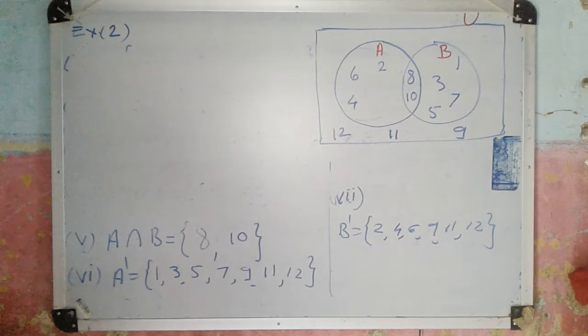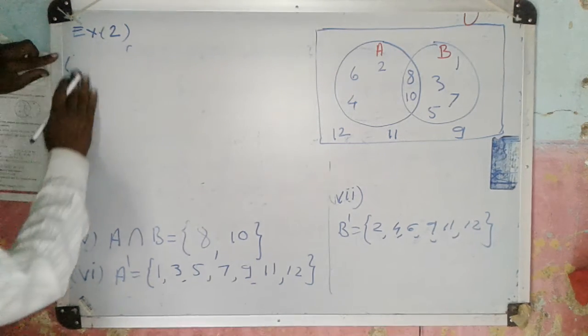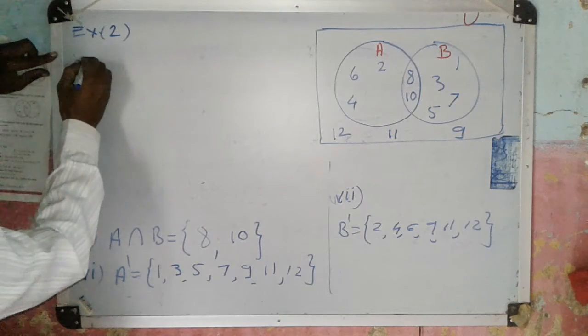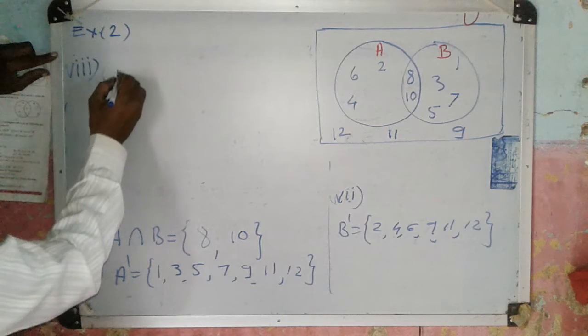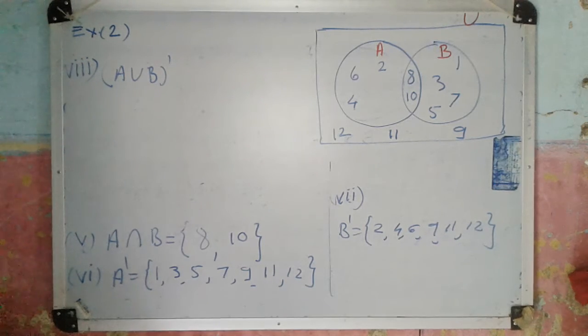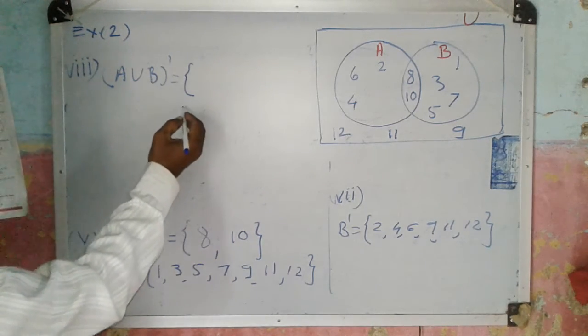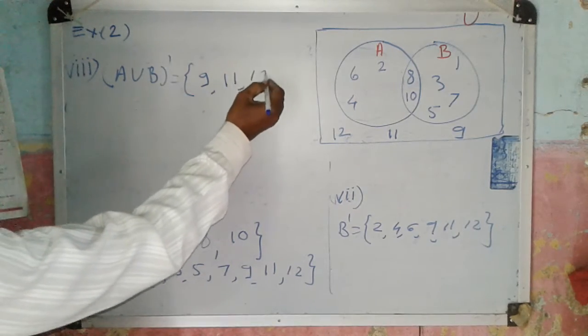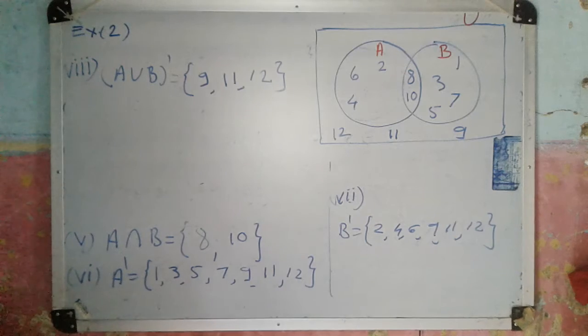Now, the complement of A union B. So here we have written the set A union B. The complement of A union B means the elements which are not in A union B but they are in the universal set, and those elements are 9, 11, 12.